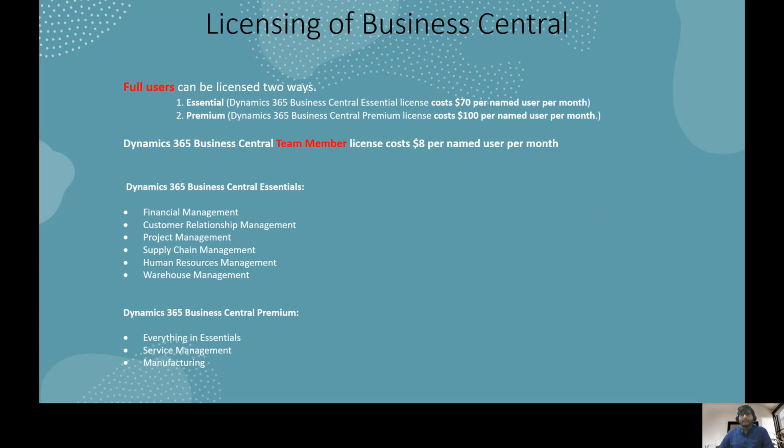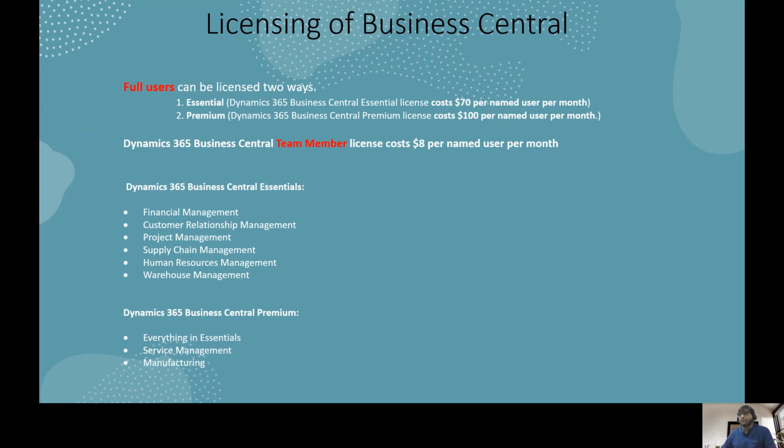In Essential, financial management, CRM, project management, supply chain management, HR, warehouse management, all these modules and features come. If your company has a manufacturing plant and you do production and manufacturing, then I think you have to go for Premium, because in Premium everything that is part of Essential comes. Apart from that, service management and the manufacturing module also come in Premium.